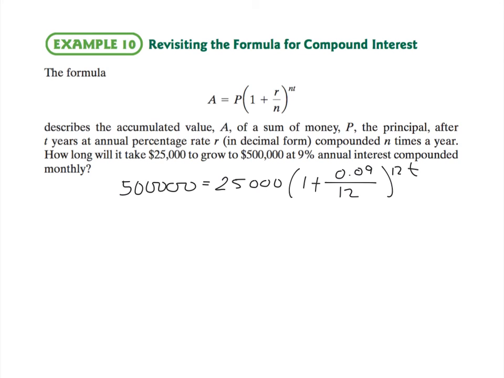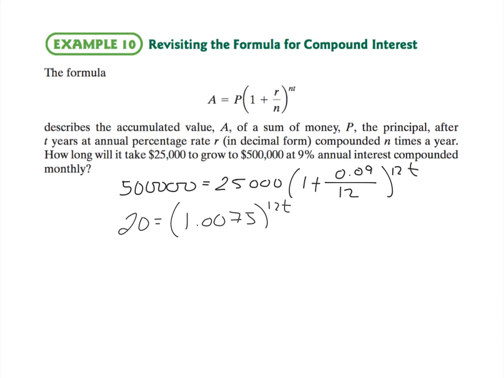So the first thing I have to do is divide this over. And when I do that, I get 20 on the left-hand side is equal to, and in parentheses, if I simplify that, I get 1.0075 raised to the power of 12t.